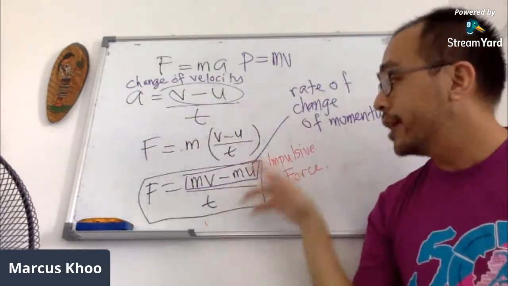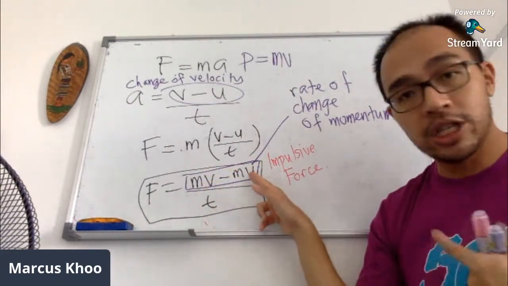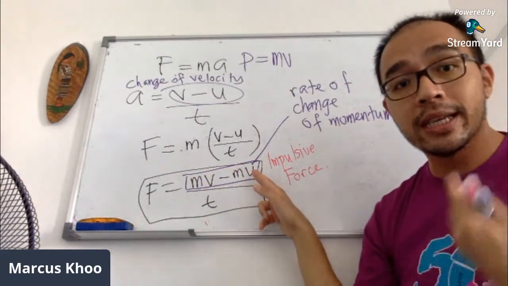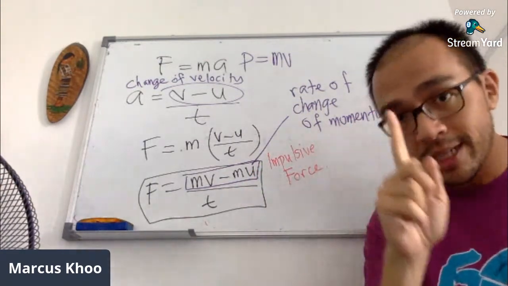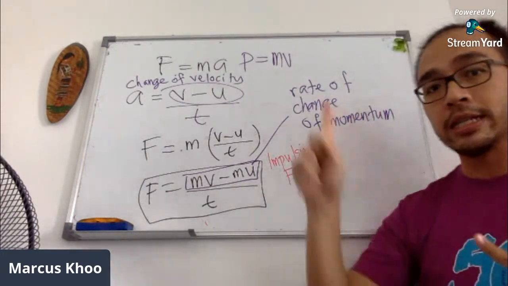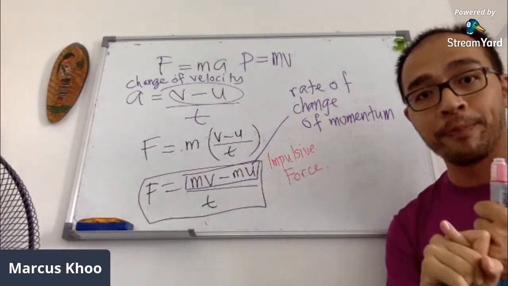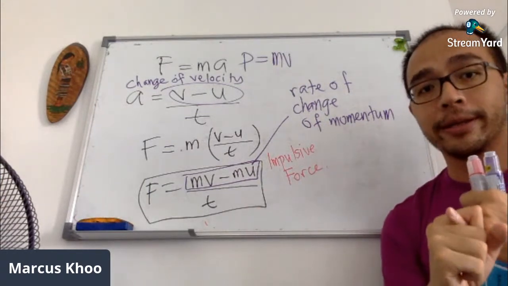And now the rate of change of momentum, final momentum minus initial momentum, gives you the impulsive force. And that's the first thing that I need you to know. The definition of impulsive force is the rate of change of momentum, which is a strong force in a short amount of time. That one we'll talk about later.